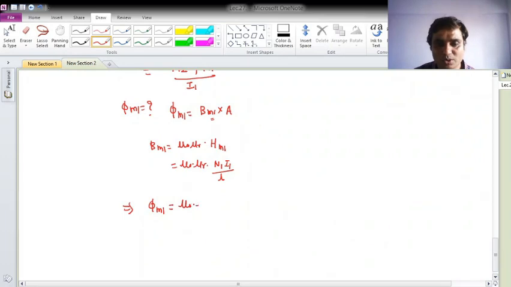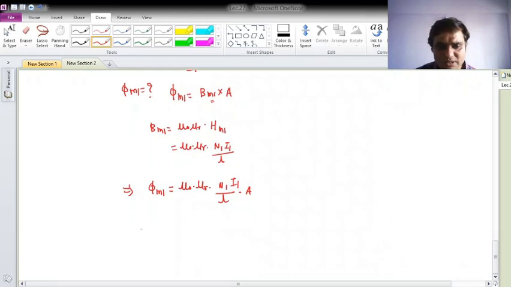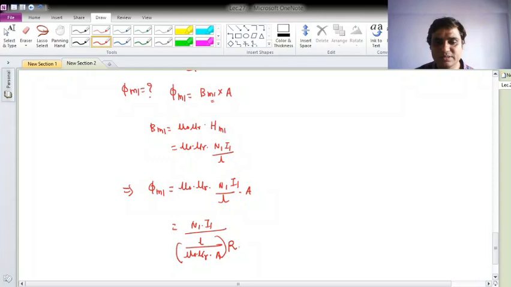Mu 0 into mu r into N1 I1 divided by L, into A. For convenience, this can also be written as N1 into I1 divided by L over mu 0 mu r A, and this quantity is called the reluctance.